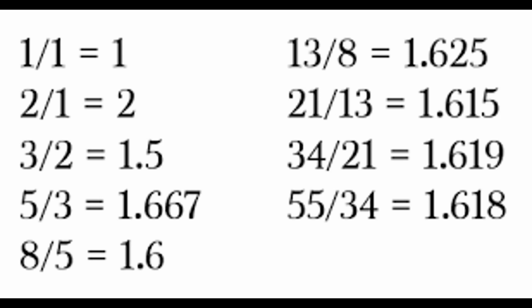The ratio of 5 and 3 is 5 divided by 3, which is equal to 1.6666. Take another pair of numbers, say 21 and 34. The ratio of 34 and 21 is 34 divided by 21 equals 1.619. It means that if the pair of Fibonacci numbers are of bigger value, then the ratio is very close to the golden ratio.